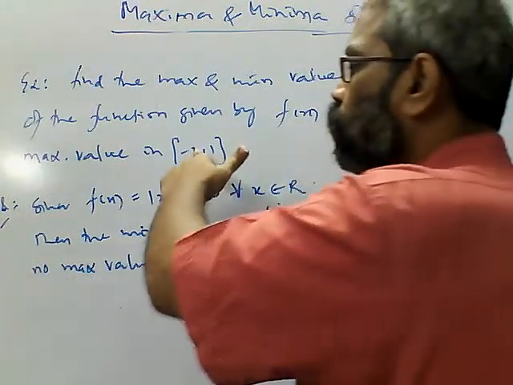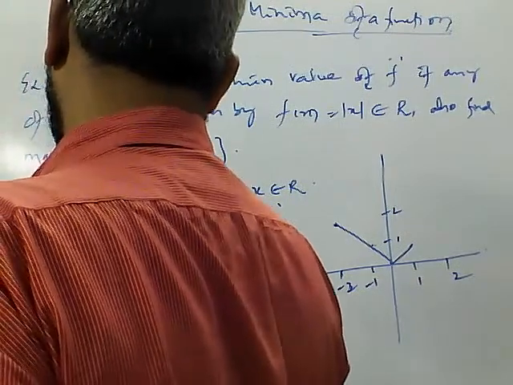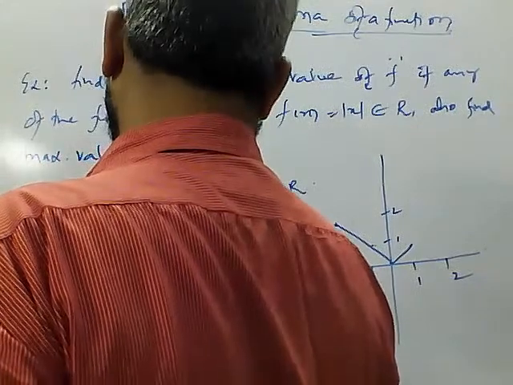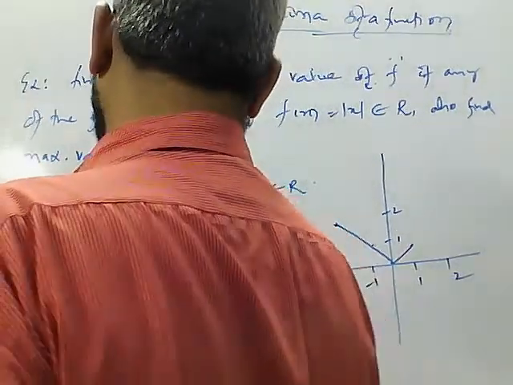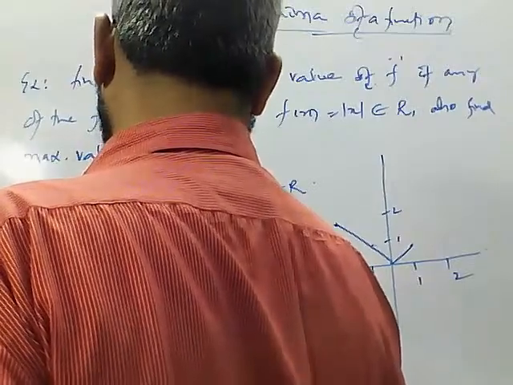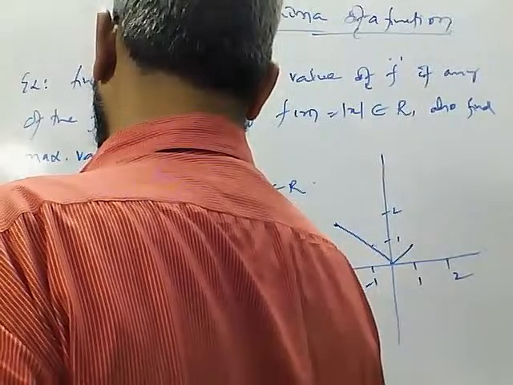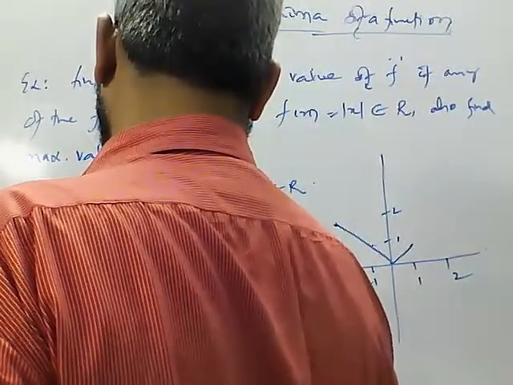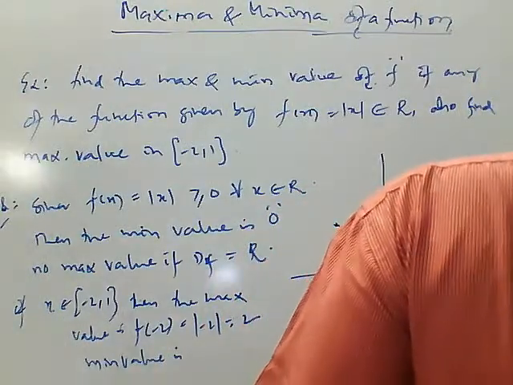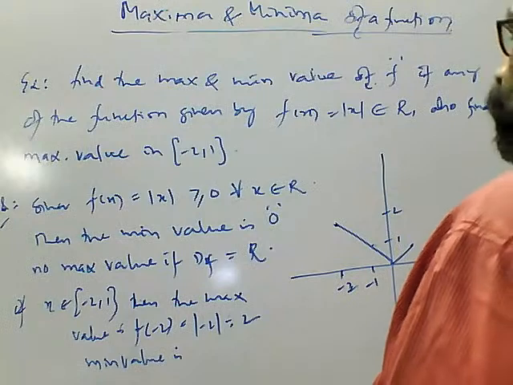Right. Now coming to the domain, if x belongs to minus 2 comma 1, then the maximum value is f of minus 2, which is equal to mod minus 2, equal to 2. And what is the minimum value? Tell me.